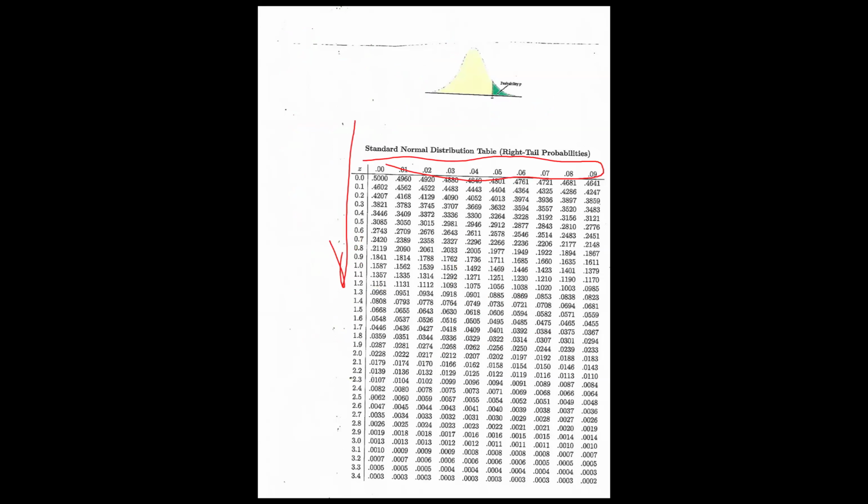So if you are asked to find a corresponding probability to a certain number, let's say z is equal to 2.53, or the probability that z is greater than 2.53, or the other one, z is less than 2.53, how do you work with this?